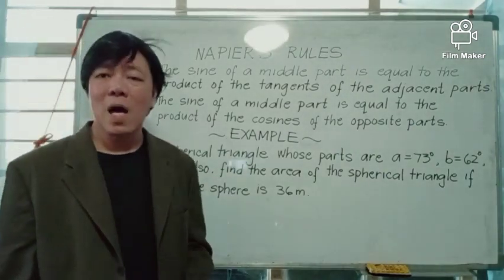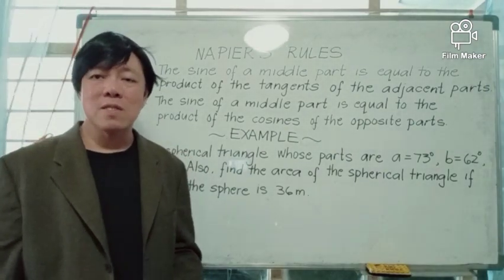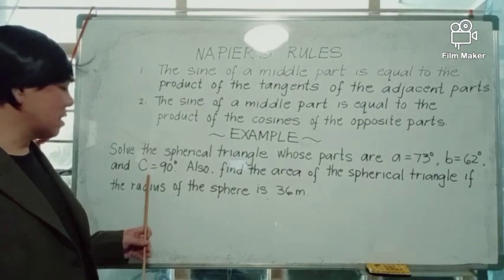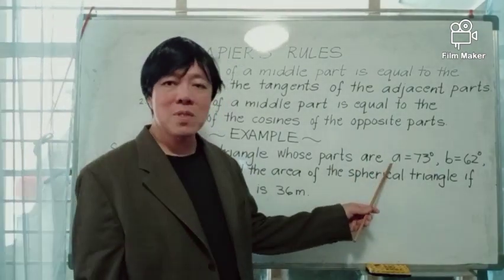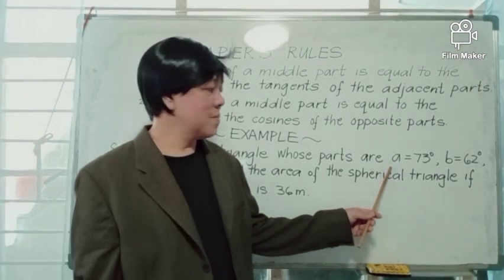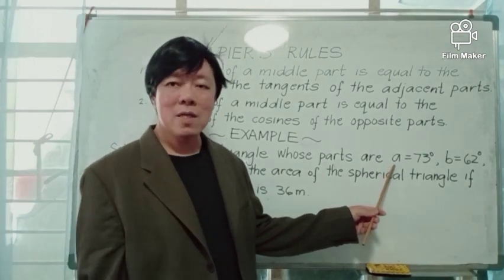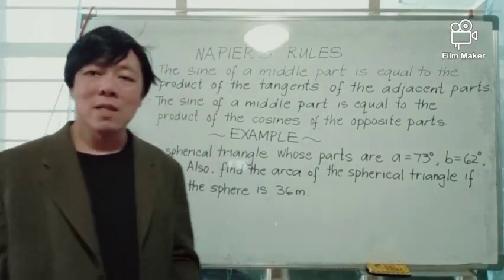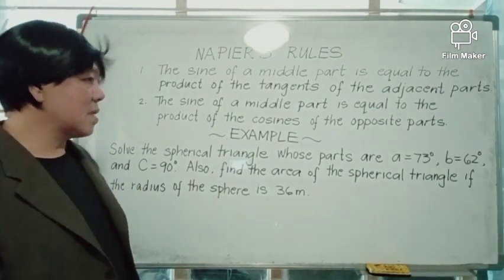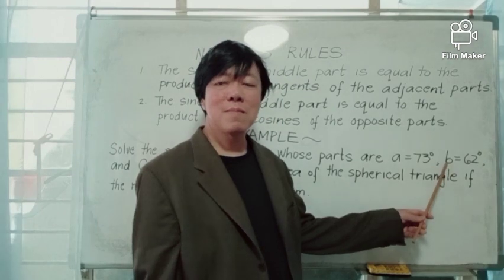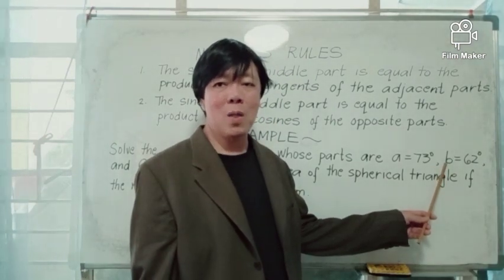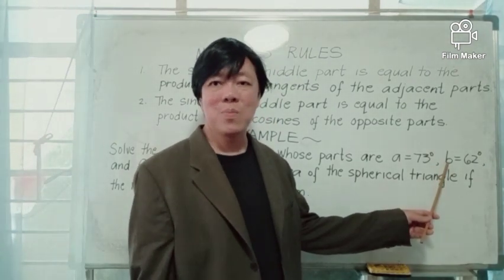And we also have to find the two surface angles of the spherical triangle, capital A, the angle opposite side small a, and the surface angle, capital B, the angle opposite the side small b.